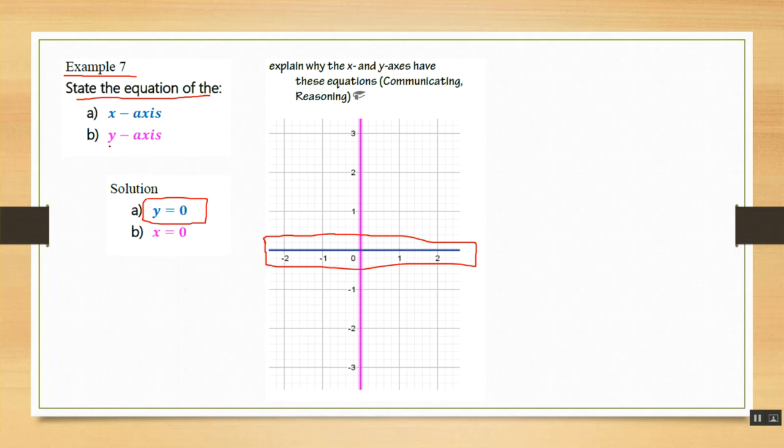And for the y-axis, which is the vertical line, x is always 0. This is the line for x equals 1, x equals 2, x equals 0 is this one. So you'll see x-axis, y equals 0, and for the y-axis, x equals 0.